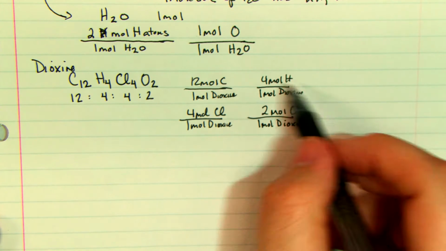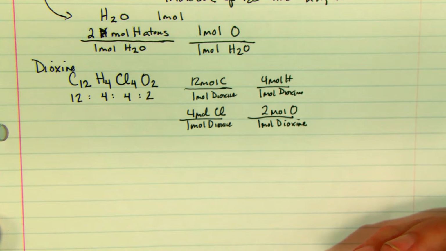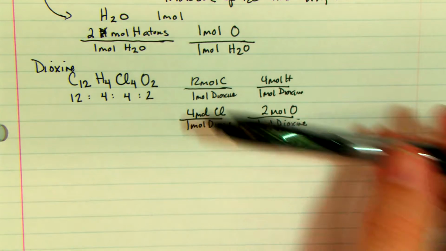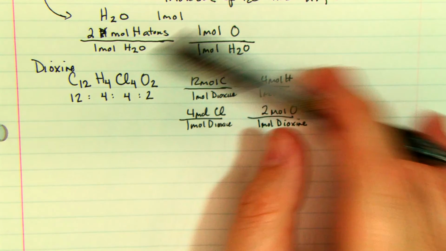If I wanted to figure out what's the mass of carbon in 1 mole or in 1 particle of dioxin, I would have to use this. And I would have to use a bunch of other stuff.